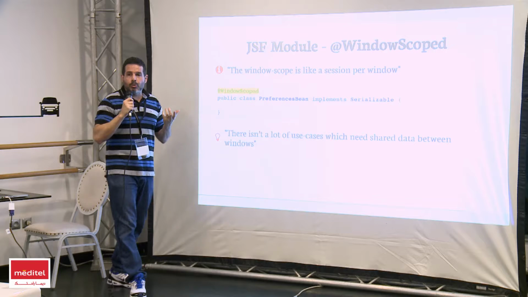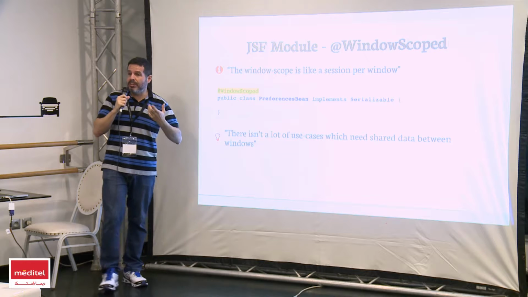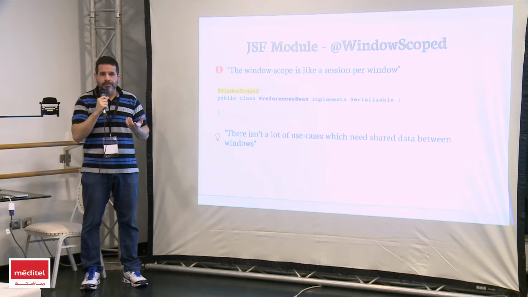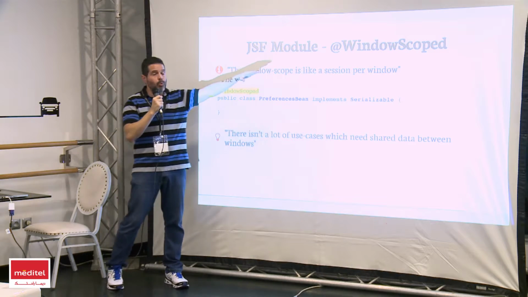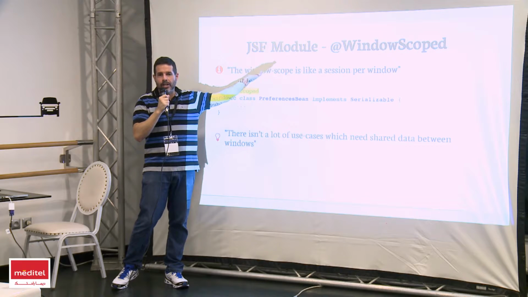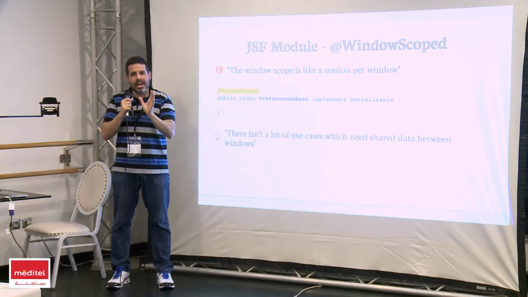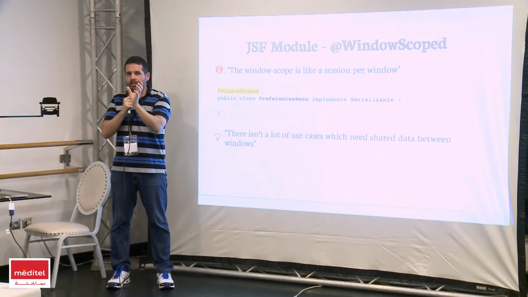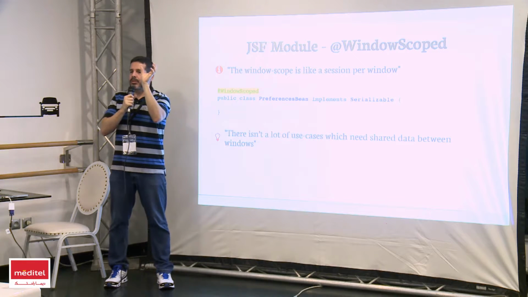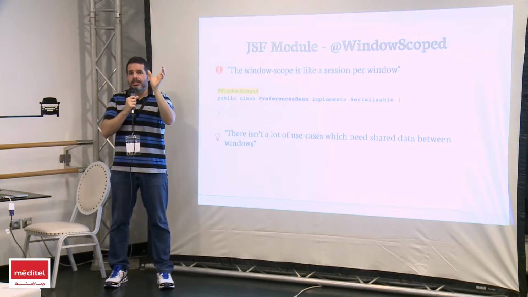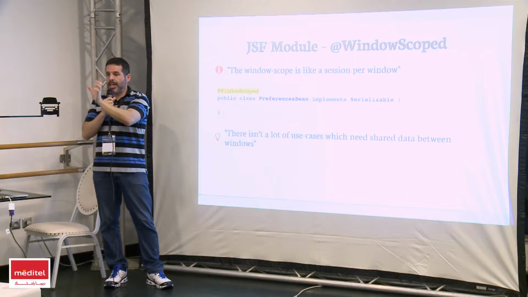Remember that I said that with extensions, I could even create a new scope. That's what DeltaSpike did. It created a new window scope. CDI does not come with a window scope. So let's think. Most of the time, when we are in a web application, we want to have values or objects just for individual windows or individual tabs.